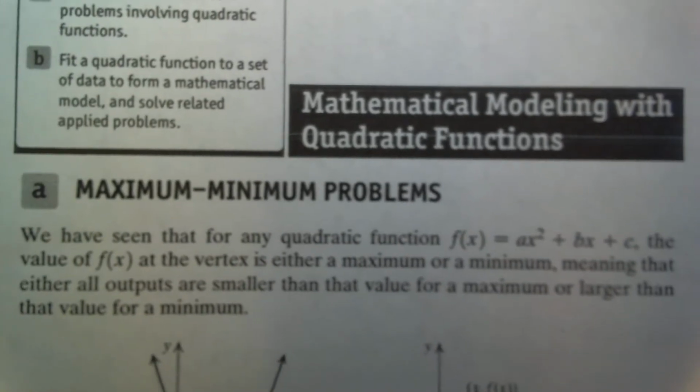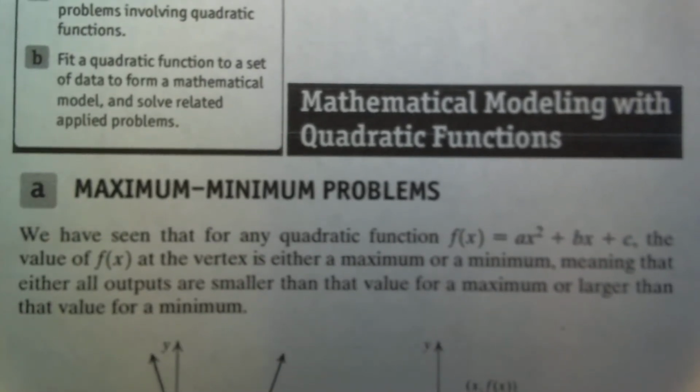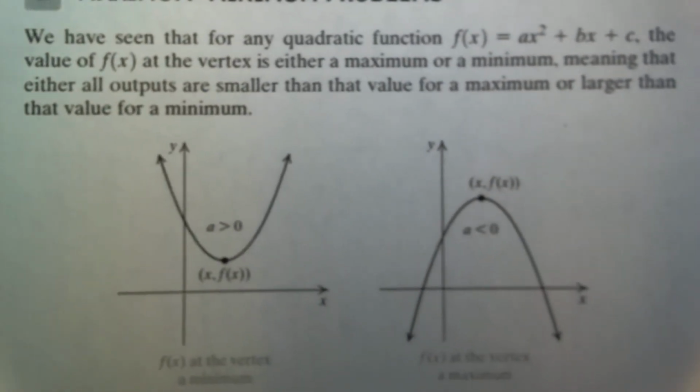And so we see that any quadratic function has the form f of x equals ax squared plus bx plus c. The value of f of x at the vertex is either a maximum or a minimum, meaning either all outputs are smaller than the value for a maximum or larger than the value for a minimum. And so here's the graph of it.